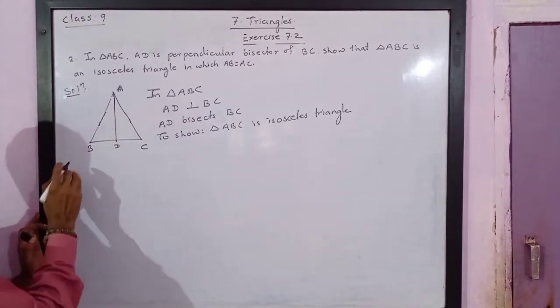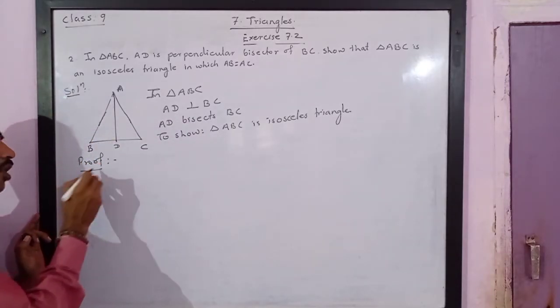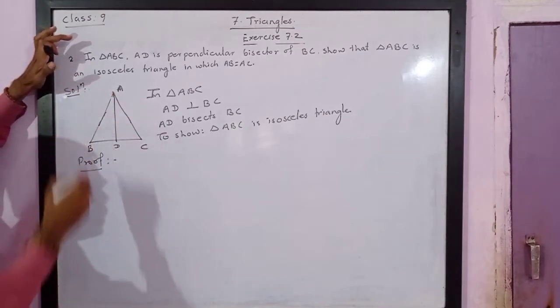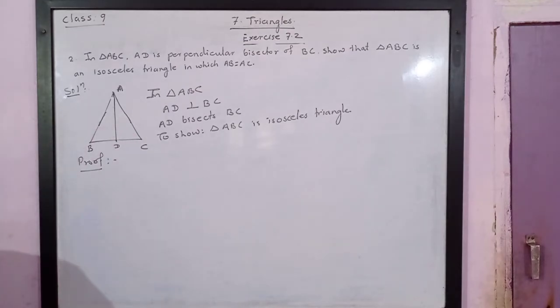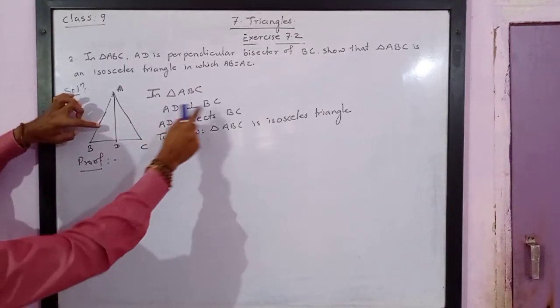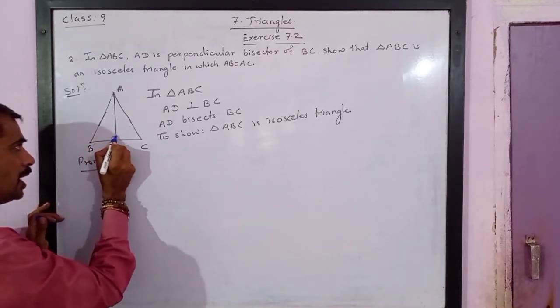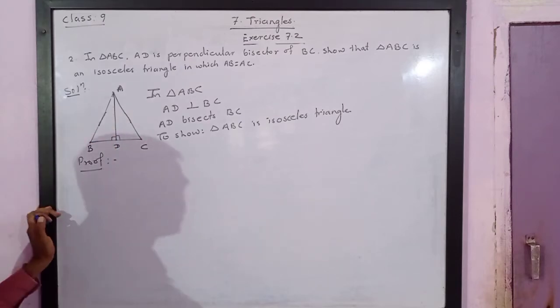So see how to solve. We have to consider triangle ABD and ACD. In triangle ABD and ACD, we have this AD is perpendicular. It means this angle is 90 degrees. ADB and ADC are 90 degrees each, so they are congruent to each other.